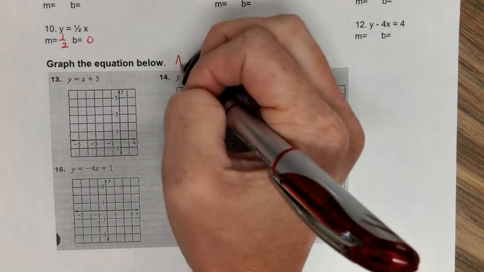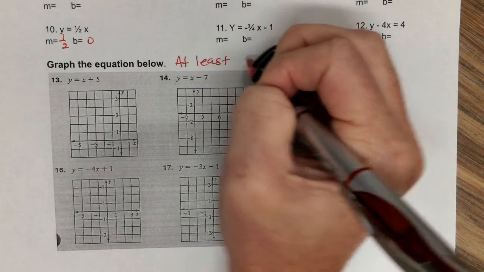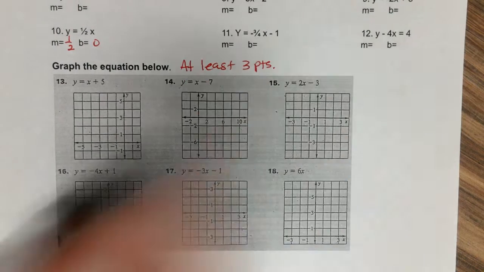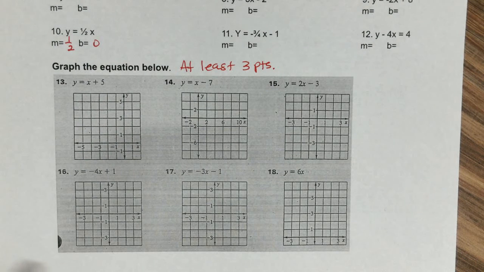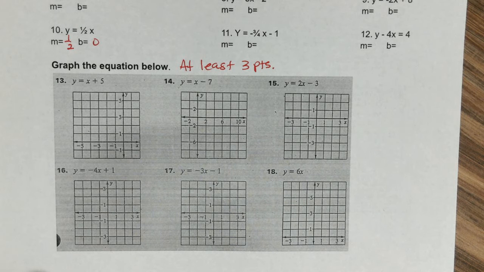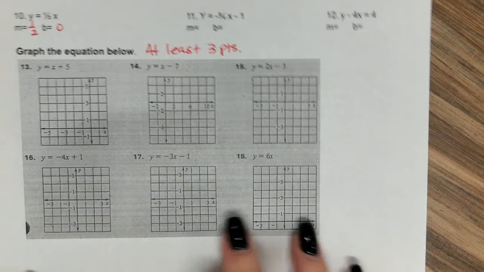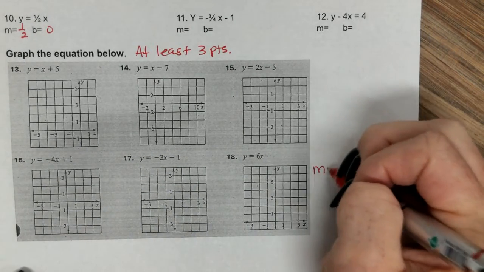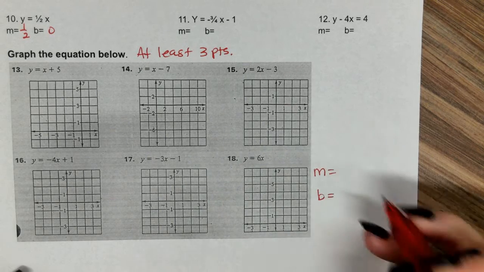I want at least 3 points, except number 18, only 2 points will fit. To do this, it will help you to have a slope and y-intercept. So let's look at number 18. I need a slope. I need a y-intercept.